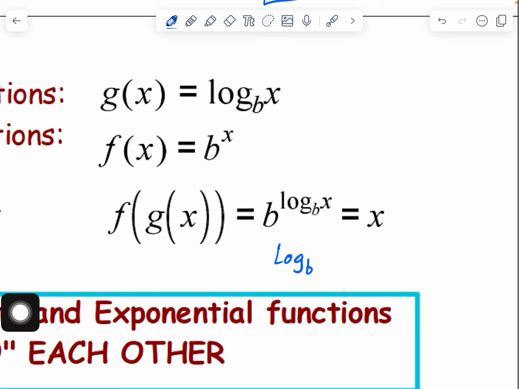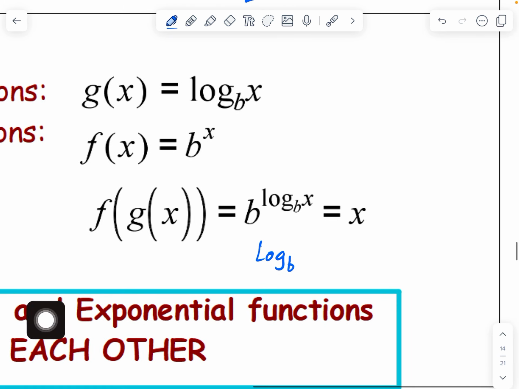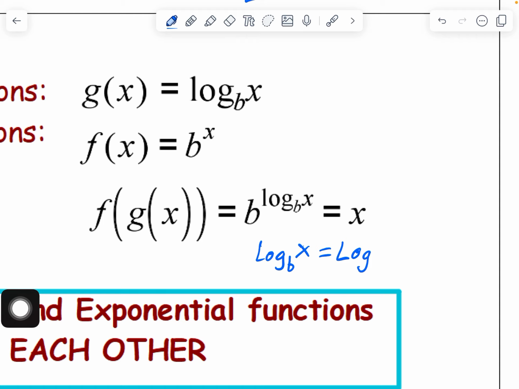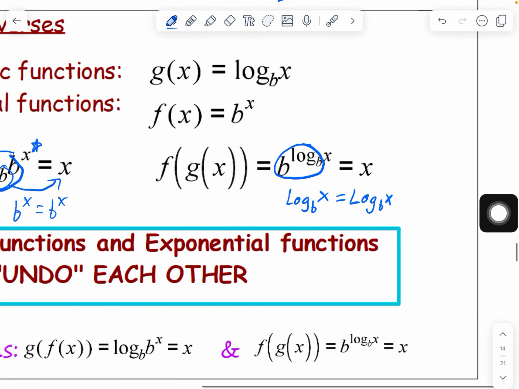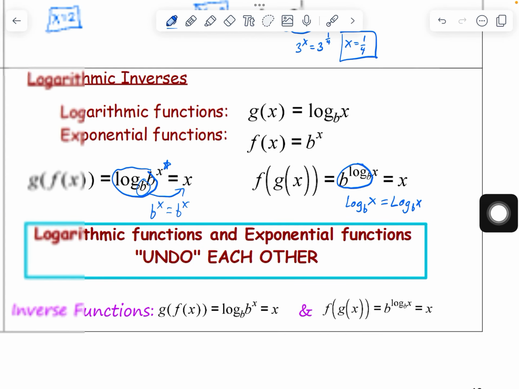So that's what goes, log base b, log, should be b to the x, equals this exponent right here, log b of x. So if these match, it essentially just leaves you with the term next to the base, which is x, and that's why our answer ends up just being x.